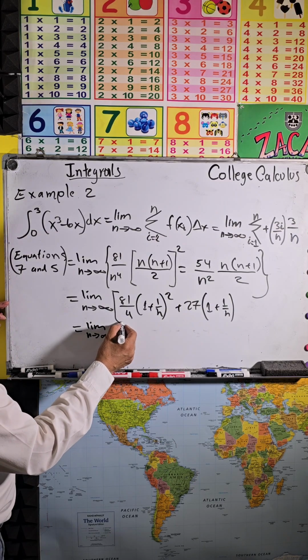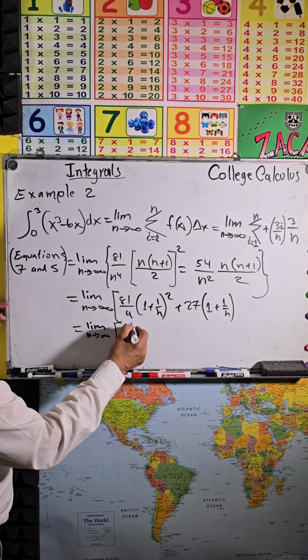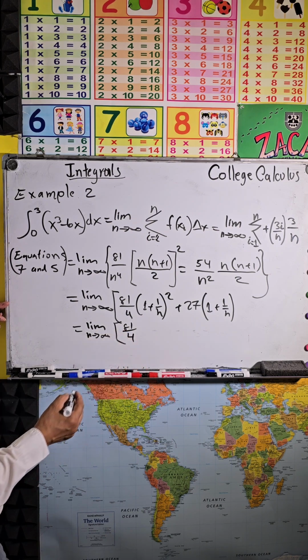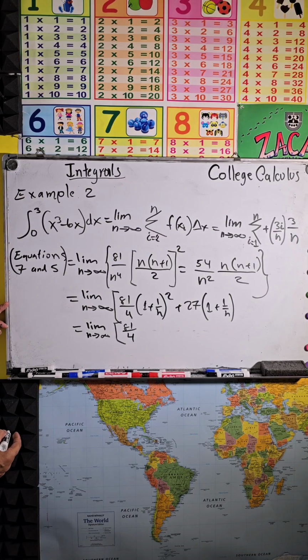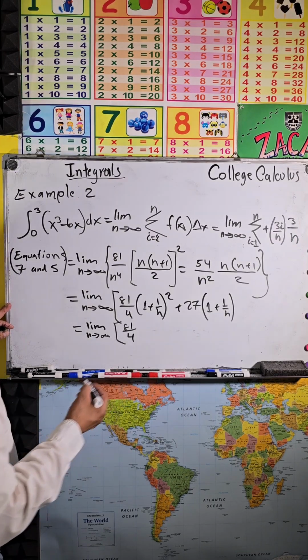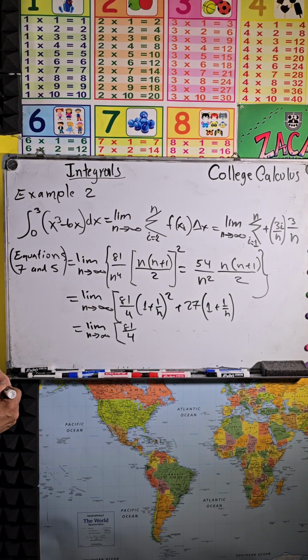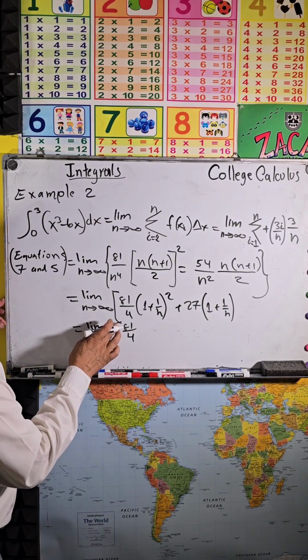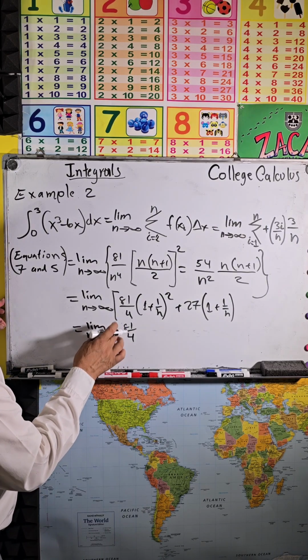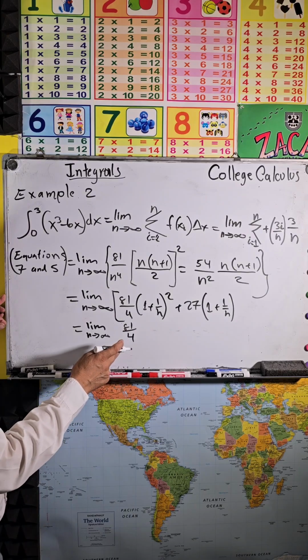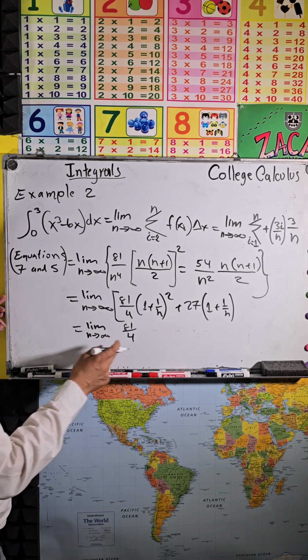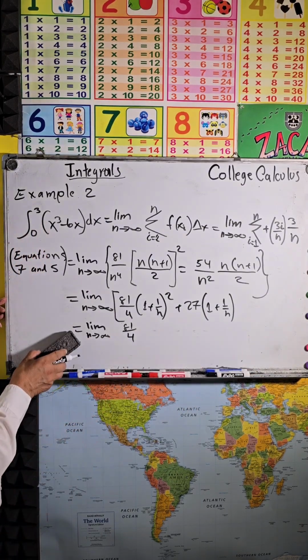But now we have to write 81 divided by 4 times, without the bracket, let's see. No limit, it's a conclusion.